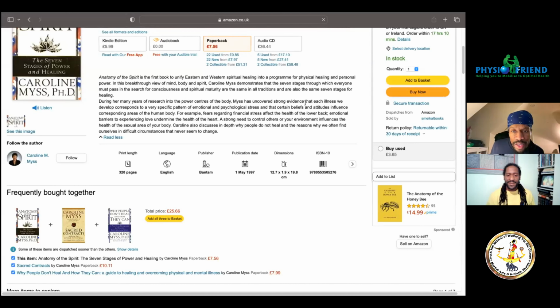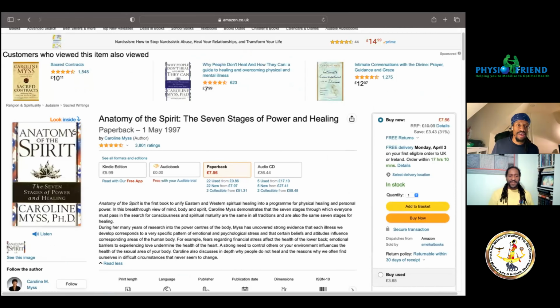It uncovers strong evidence that each illness we develop corresponds to a specific pattern of emotion and psychological stress, and, for example, financial stress affecting the lower back. It's a good read. I probably need to read it again myself, but I remember it being a really good book.